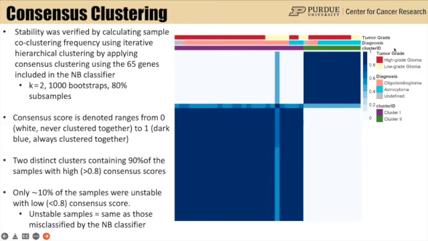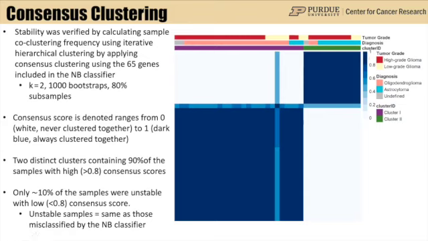And so here you can see on the right, this is a heat map that shows consensus score from 0 to 1. So 0 is shown in white, which is the samples are never clustered together. And then 1 would be dark blue, which the samples are always clustered together.